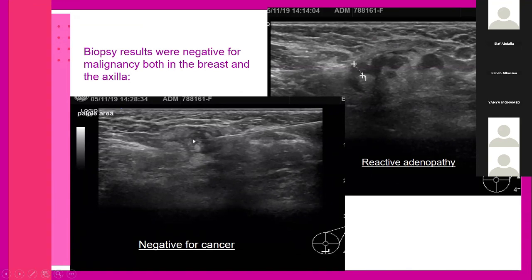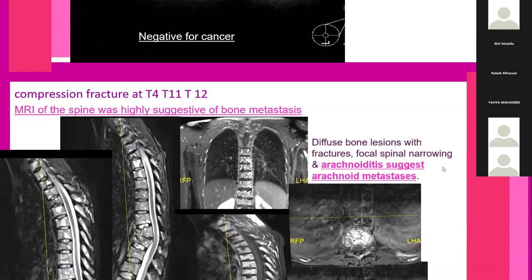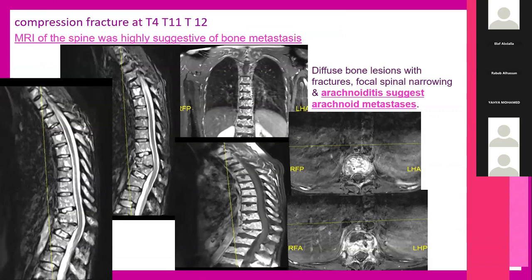The biopsy from the breast lesion was negative, and the biopsy from the lymph node showed just reactive adenopathy.